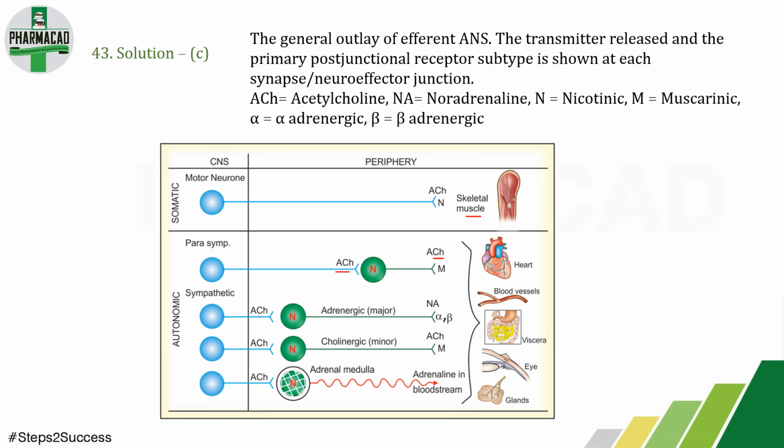Then the adrenergic ones, at the preganglionic they have acetylcholine, but at the postganglionic, when there are alpha and beta receptors, they will have noradrenaline. In case of muscarinic receptors, they have acetylcholine, and in case of adrenal medulla, there would be adrenaline release in the bloodstream. So the correct option here is option C, that is at both the fibers acetylcholine is released.